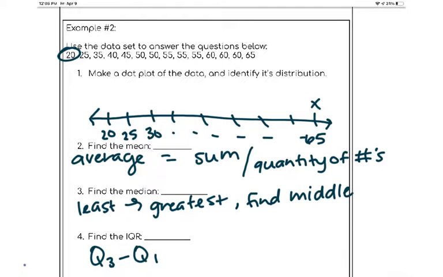Okay? And then the last question asks you, if you were to add the number 100 to your data set, would it be an outlier? So you'll have to go back and add 100 to the data set and check to see if your quartiles change. They may or they may not change, but you're going to see if those quartiles change. And then you're going to find the new interquartile range.